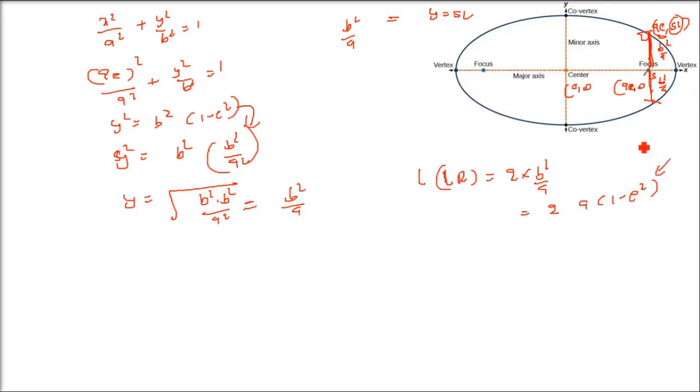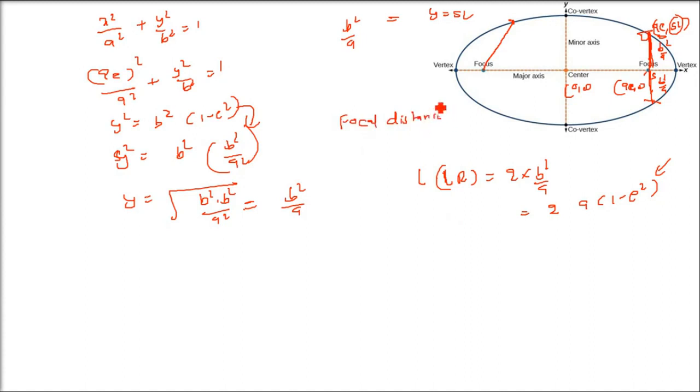And there is one more thing, which is the focal distance. Focal distance is nothing but the distance of any point on the ellipse from its foci, known as its focal distances. So you take any point, the distance of this point from focus 1 and the distance of this point from focus 2. We are talking about focal distances.